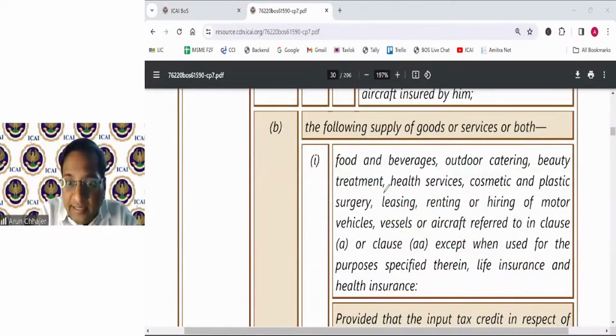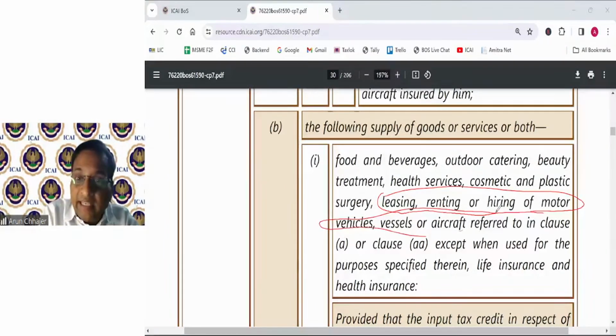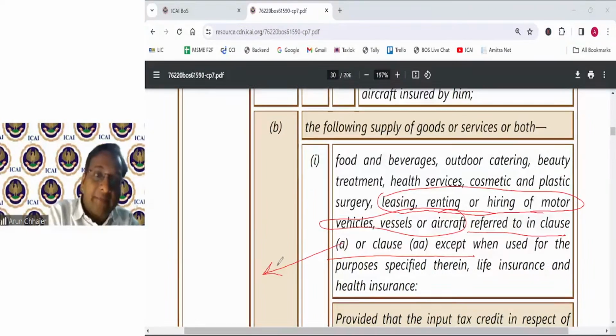What does it mean? Leasing, renting or hiring of motor vehicle, vessel and aircraft. Which vessel, which aircraft, which vehicle? Sir, the vehicle which is referred to in clause A or clause AA. It means they are talking about the 13-seater vehicle, the transportation of persons vehicle.